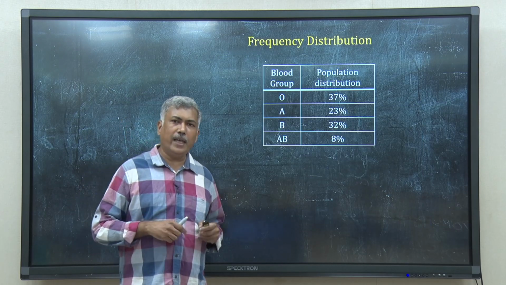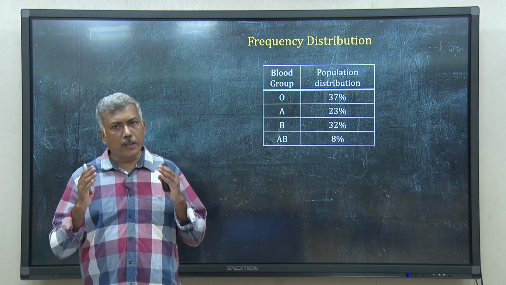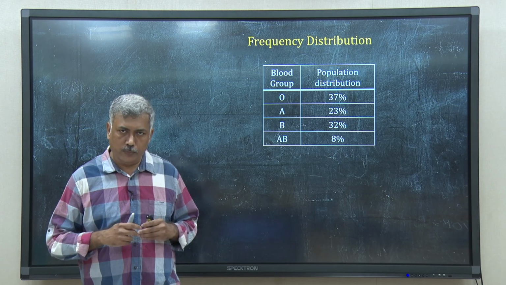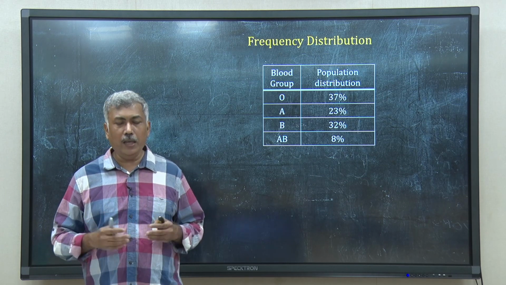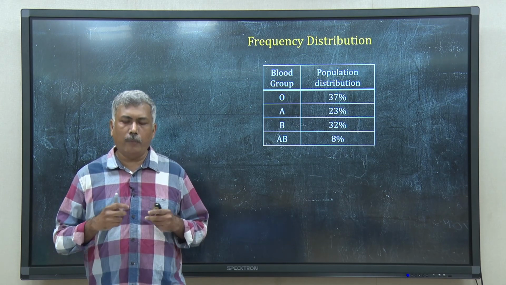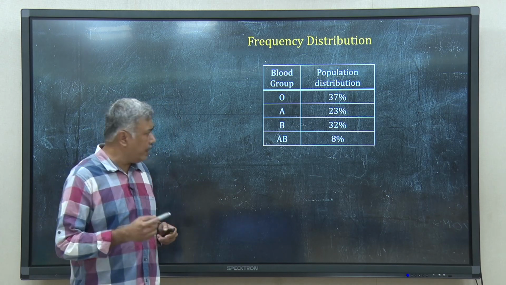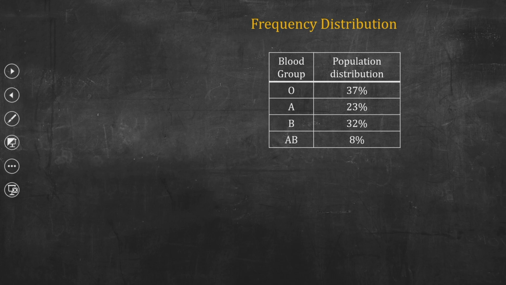In the last lecture, I left you with a particular problem to solve, where I showed the population distribution of blood groups O, A, B and AB, and how abundant they are in a population. So, we have the percentage of each of those. I can represent this percentage also as a fraction. For example, I can write 37% as 0.37.